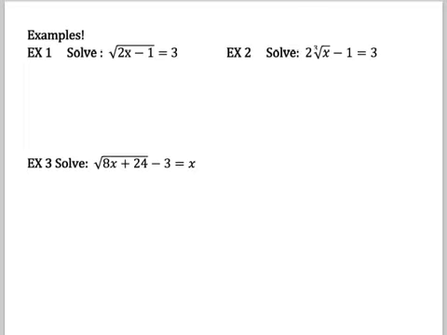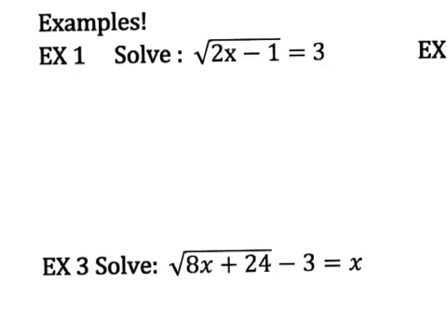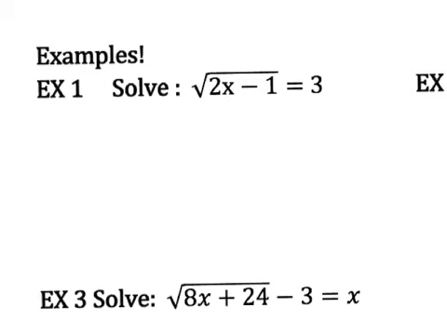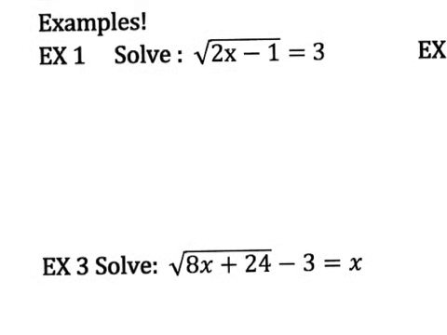Okay, we've got 3 examples here, and we're going to start with example 1. Our radical is already solved for, so we're going to start immediately with squaring both sides. When you square a square root, all that's left is what's under the radical.